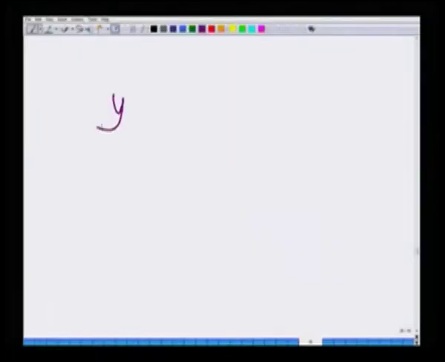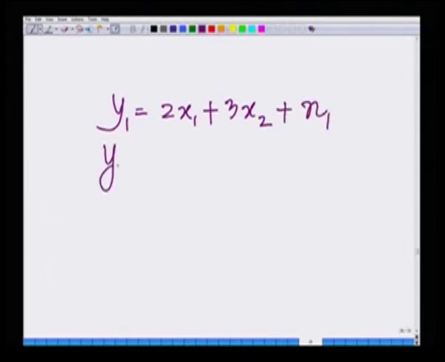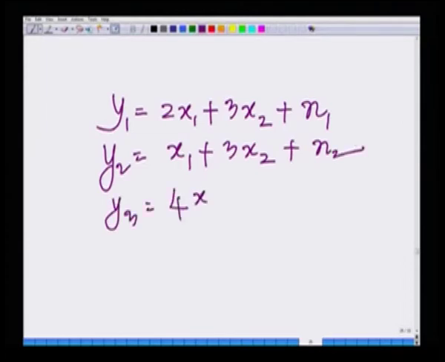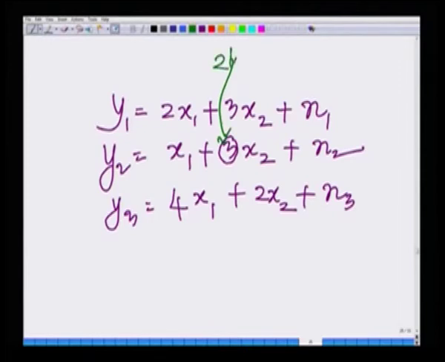In fact, I can write this set of equations as y1 equals 2x1 plus 1x2 plus n1, y2 equals 4x1 plus 3x2 plus n2, y3 equals 3x1 plus 2x2 plus n3. If I pick any random number, for instance, look at this 3, this is the coefficient between the second transmit antenna and the second receive antenna.